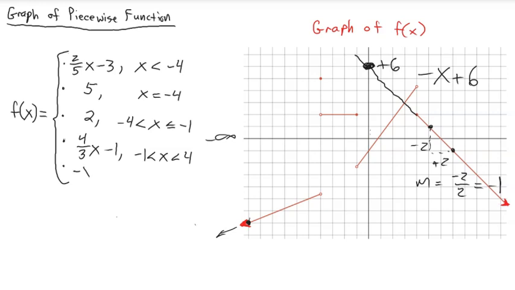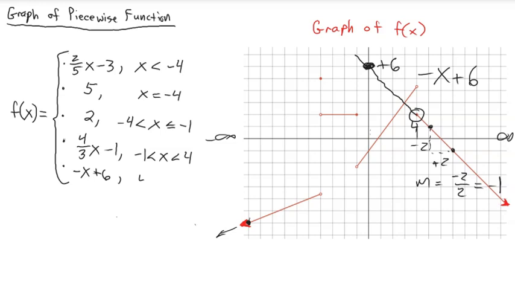So this is the graph of negative x plus 6, and it goes up to infinity, but it starts right here at 4. It starts at 4, but it has a closed circle, and therefore it's going to include 4.